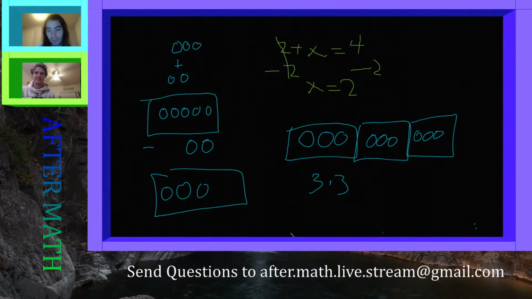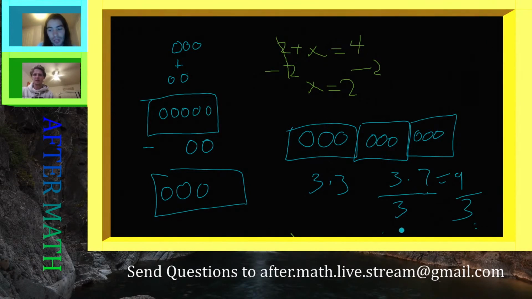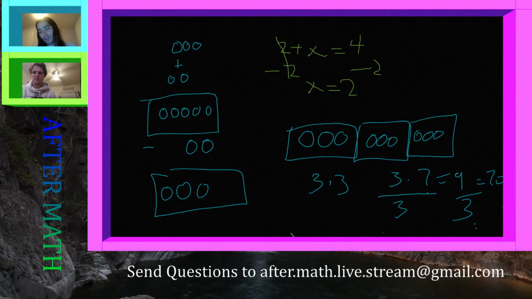Okay, so if we have 3 times question mark equals 9, if we divide this whole thing by 3 and divide that by 3, then we get our question mark equals 9 divided by 3. So we're doing the inverse, right?